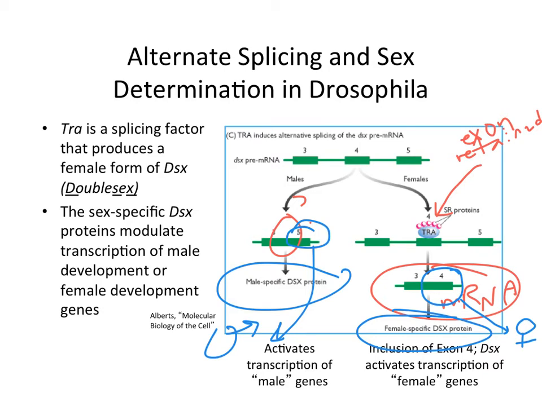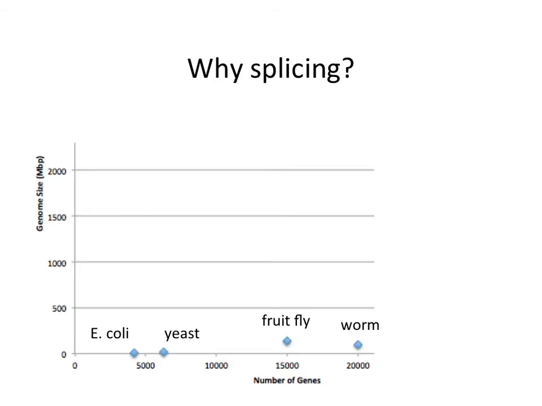So again, the point being alternative splicing is important, and it happens a lot, more than you'd probably think. So if on the final exam I ask, why do you think splicing is so great?